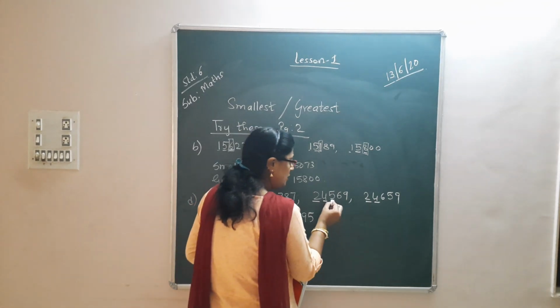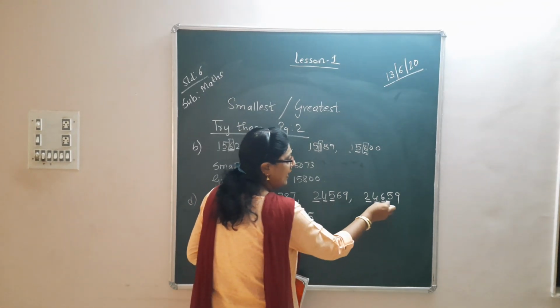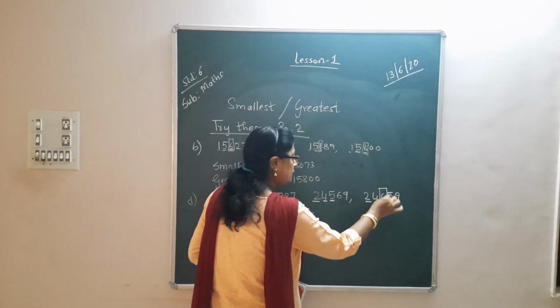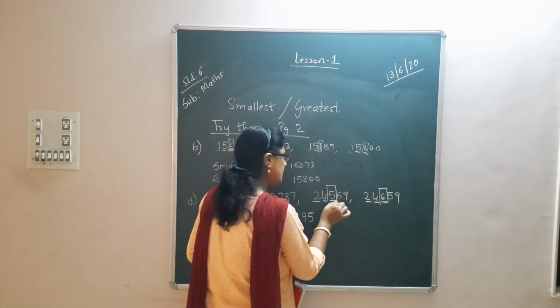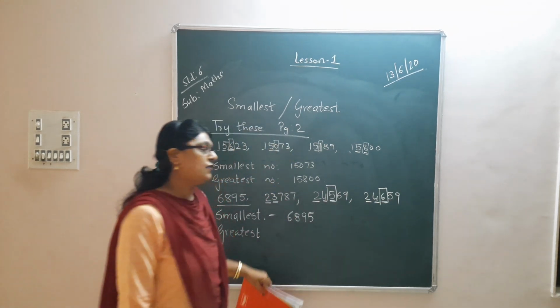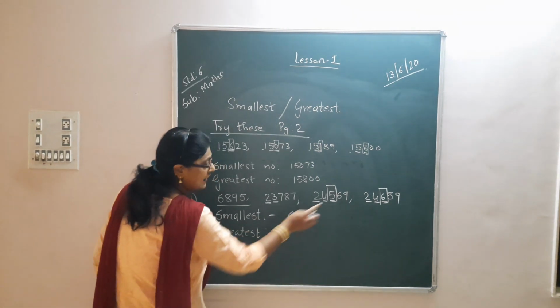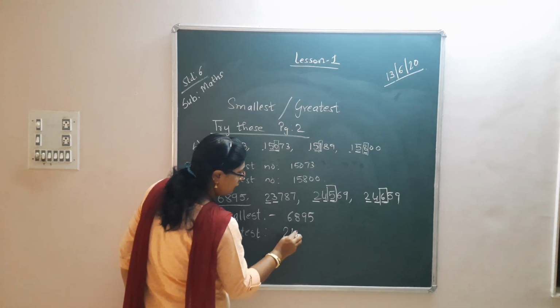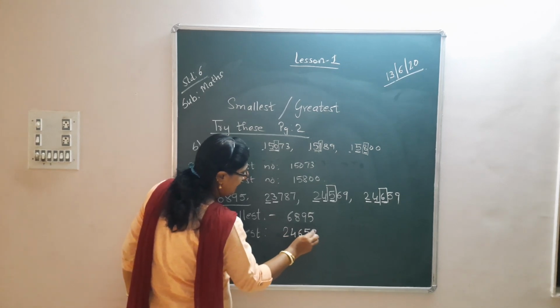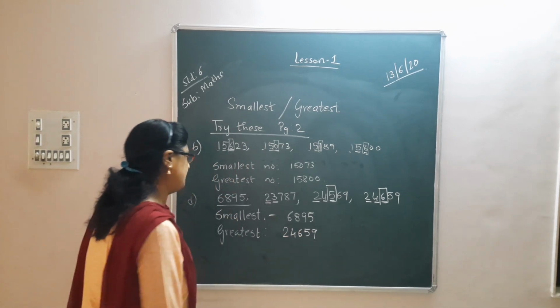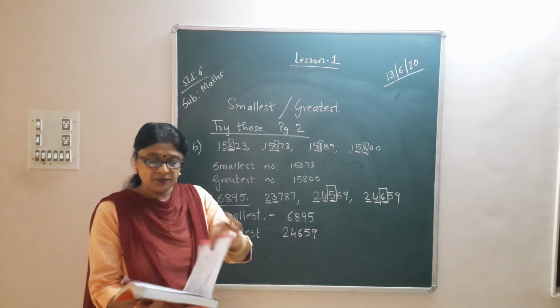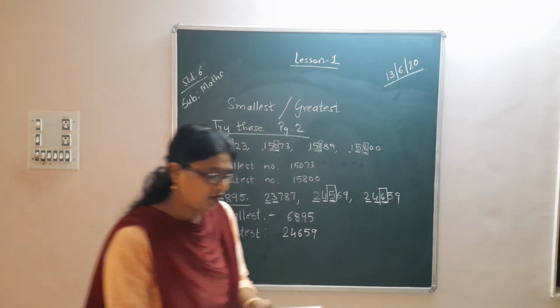So now move on to the third digit, that is 5 and 6. So here we have got the difference. So 5 and 6, which is the greater number? 6. So which will be the greatest number? 24659. Understood? Okay? Fine.